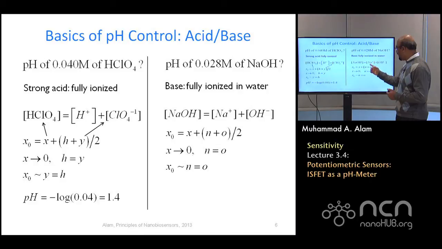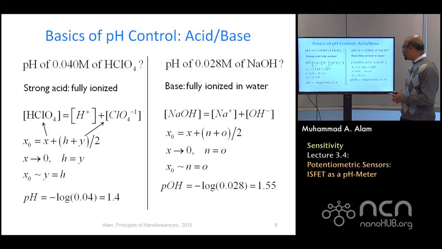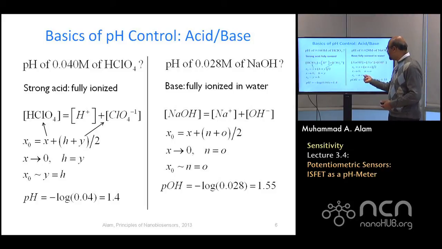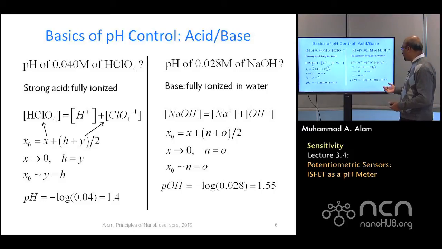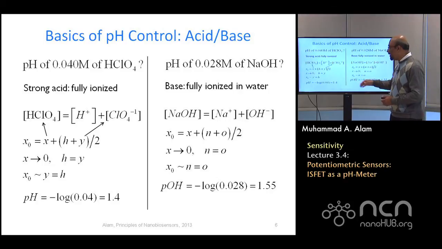And sodium is N, OH is O. They must be equal to each other in number. So X naught will be equal to N and equal to the OH, and you can correspondingly take a log of O to find the pOH. 1.55 would be the pOH, potential of OH.